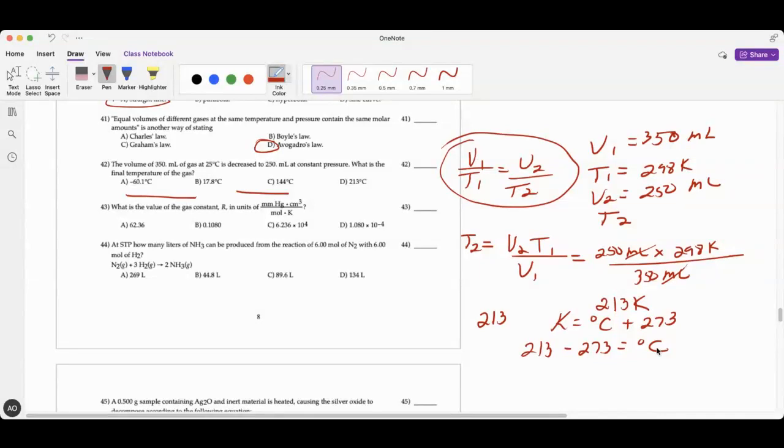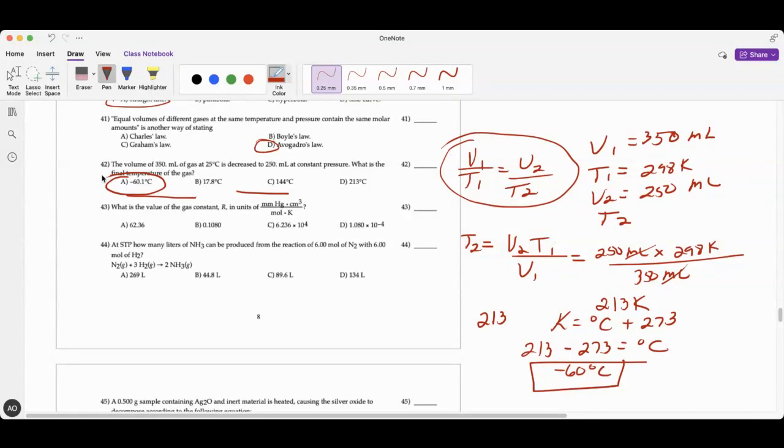That gives us negative 60 degrees Celsius. Sorry about that, I said the wrong thing.